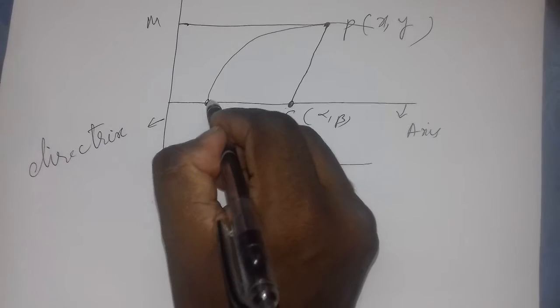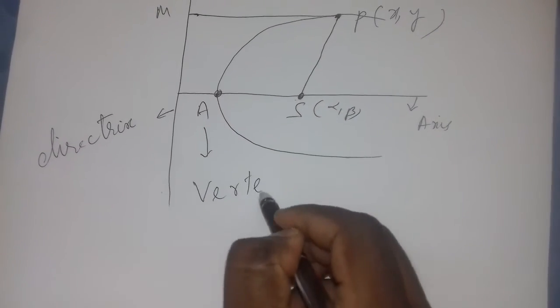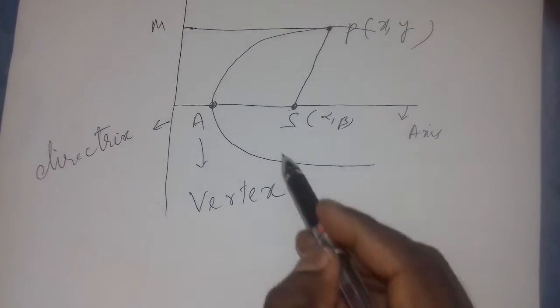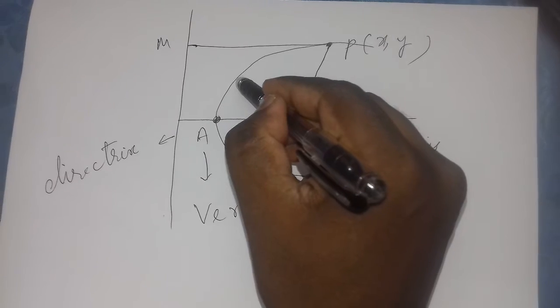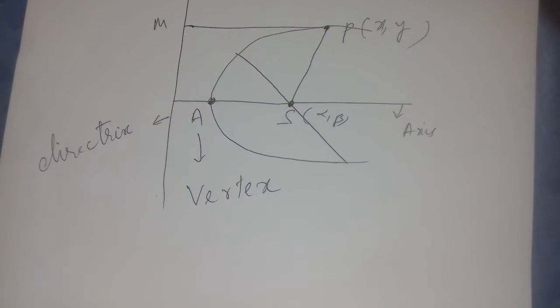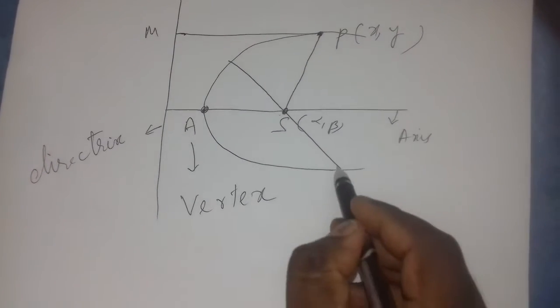So this becomes the vertex, right? Next we have focal chord. Any line which passes through the focus and makes contact with the curve at 2 points is called a focal chord.